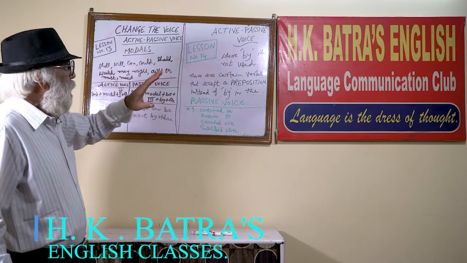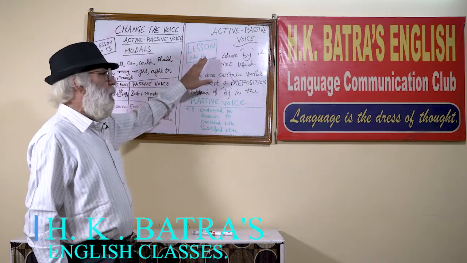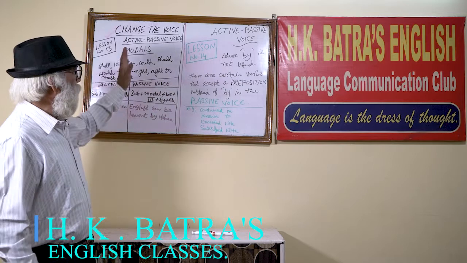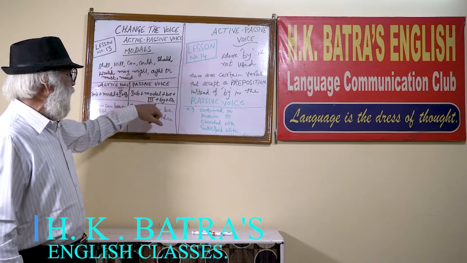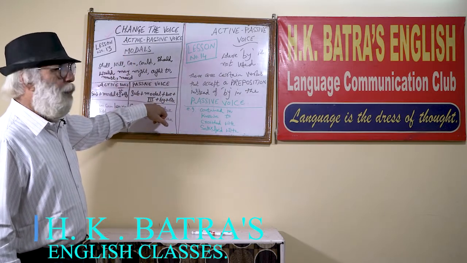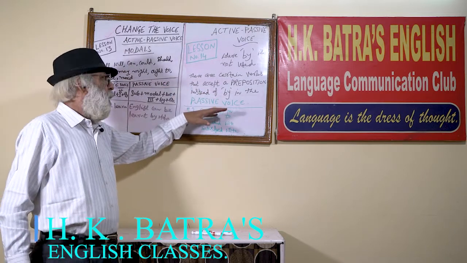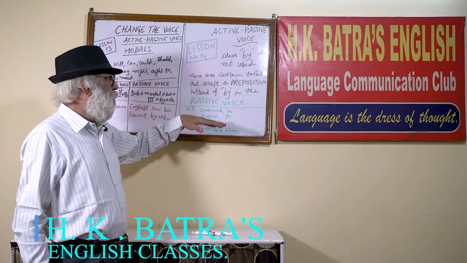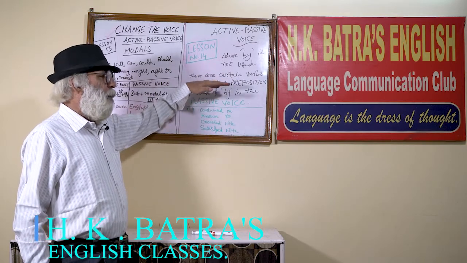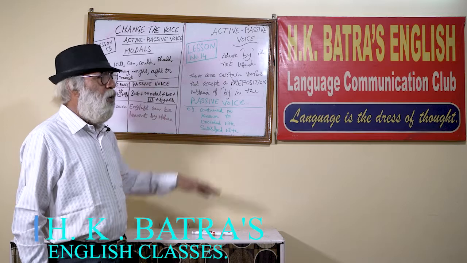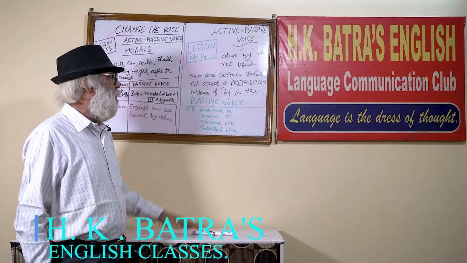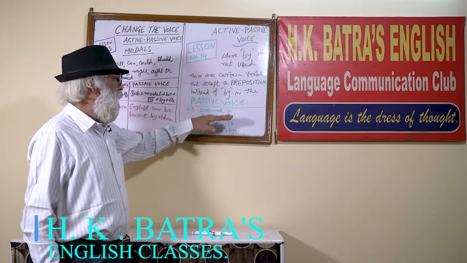Now I switch over to lesson 14, where in all the active passive voice we are using the preposition by. But there are certain rules where the preposition by is not used; instead of by, we use some other preposition.